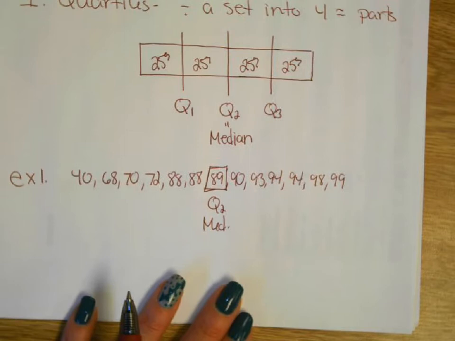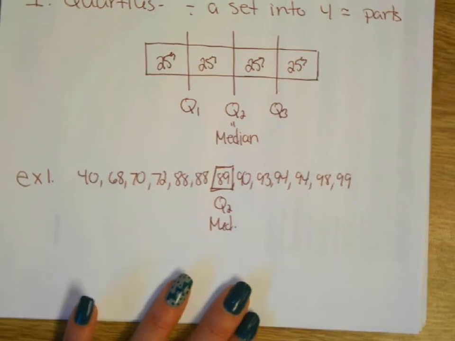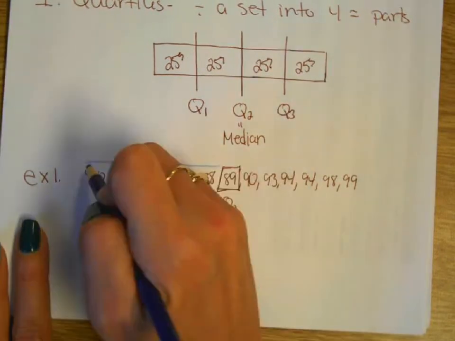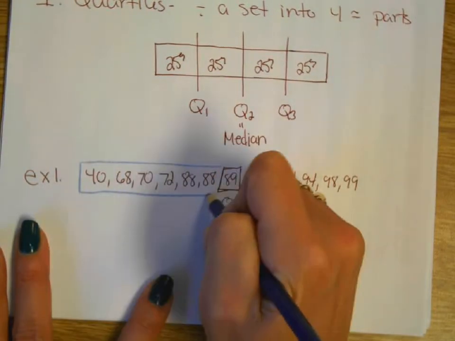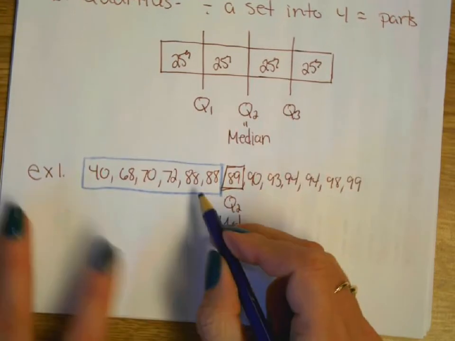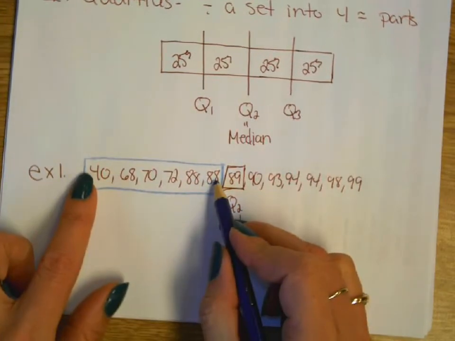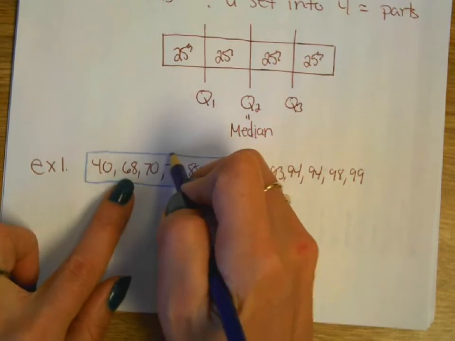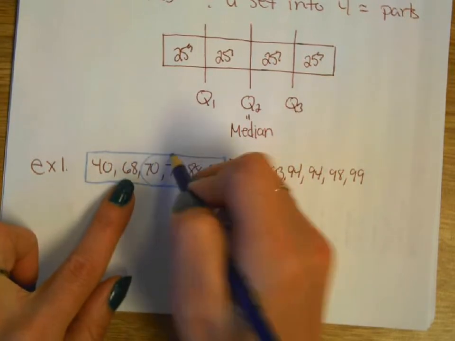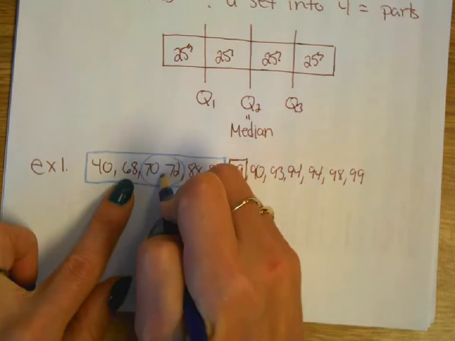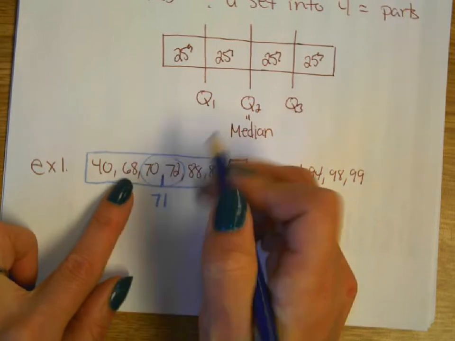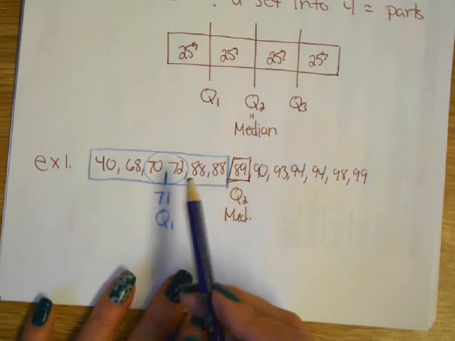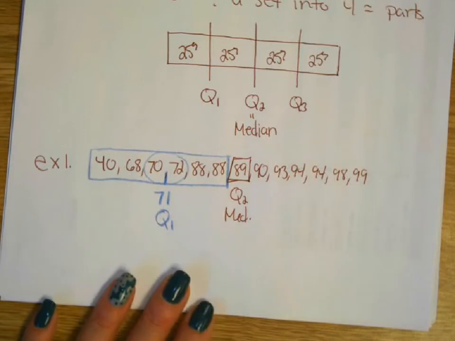So now what you do to find quartile 1 is you take this bottom chunk here, not including that quartile 2, and you want to find the middle of this chunk. Well, there's 6 values in here, so you're going to have to average like we did before for median. So the middle, it's going to be the middle of these two. So if you average 70 and 72, 71 will be quartile 1. So about 25% of your values are at or below 71.